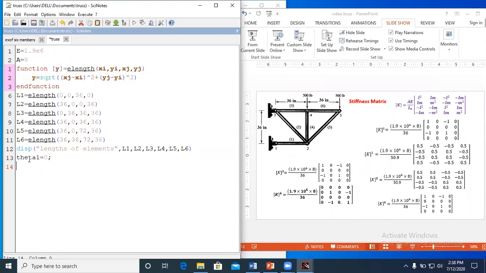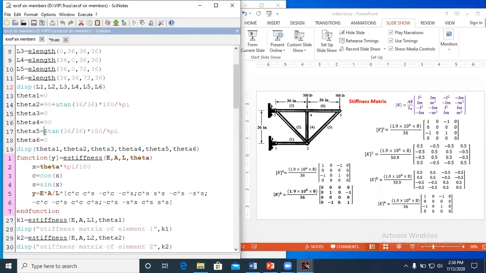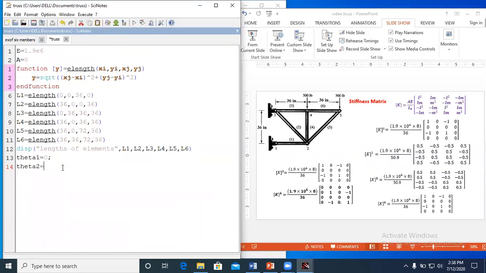Next, theta 2 equal to, now you can use an equation also. How you can use the equation, I will show you. I will copy from the already done one. Use here 90 plus atan of 36 divided by 36, into 180 divided by %pi. Okay, %pi is pi, because we have to convert that into degrees.